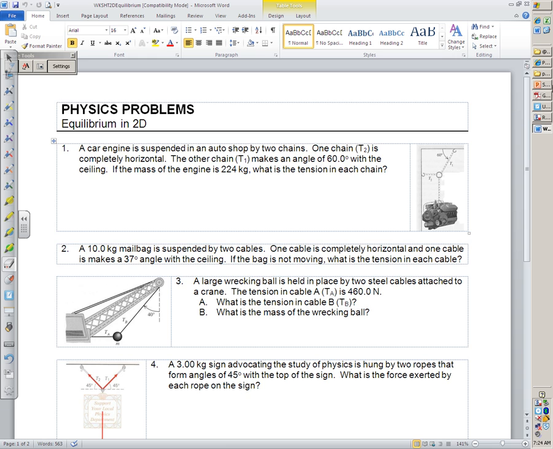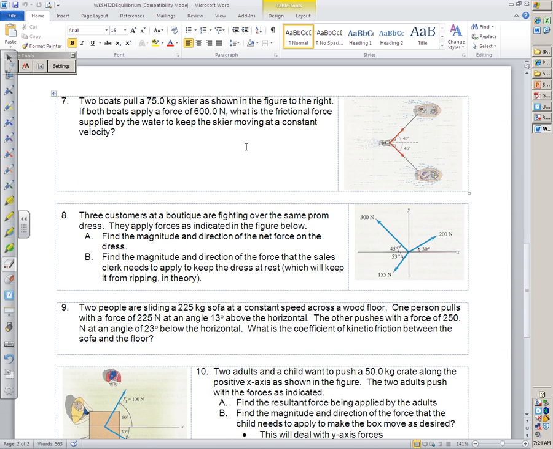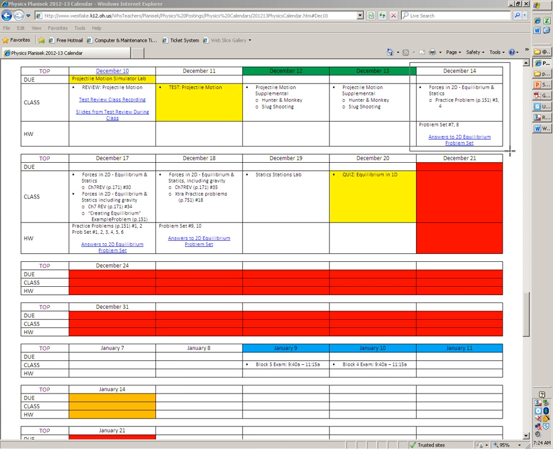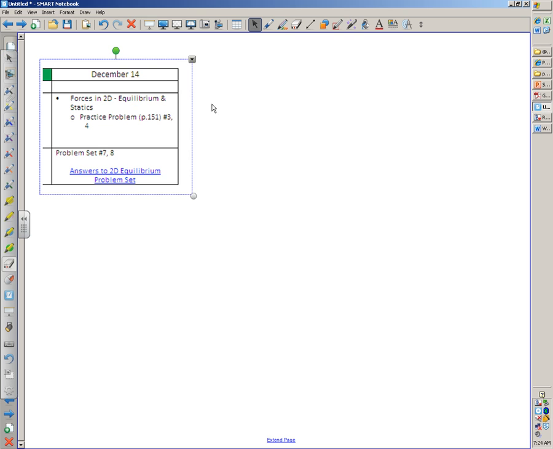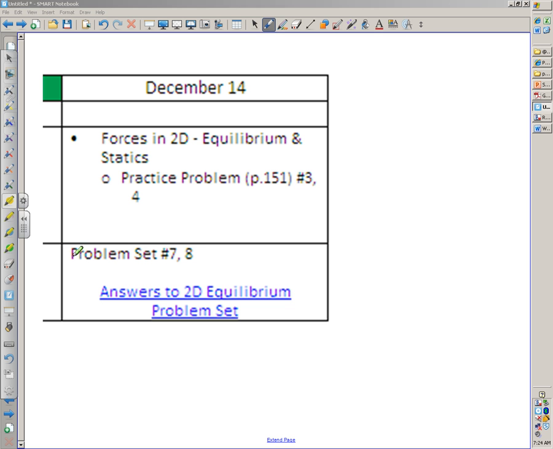If you flip it over to the back side, problem 7 and problem 8 are very similar to the problems that we did in class today. And on the calendar, you can see that for December 14th, homework, problem set number 7 and 8. Also, you can see the answers to that problem set are posted online.